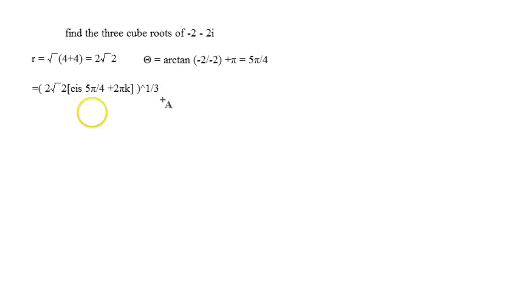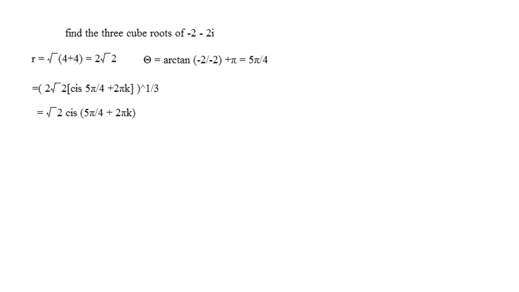Okay? Alright. So if we work it out, this should just be root 2, CIS of 5 pi fourths plus, no, not theta, 2 pi k.